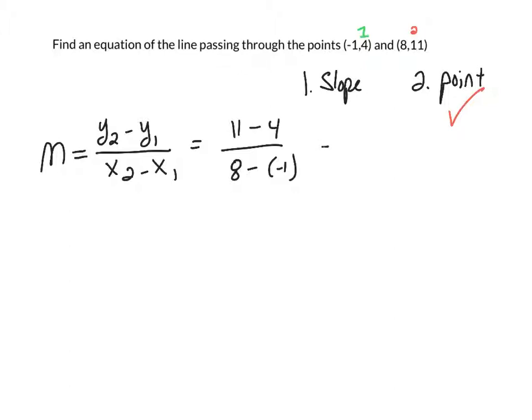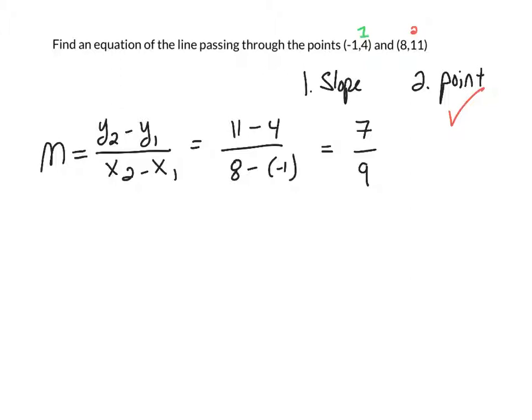And 11 minus 4 is 7. 8 take away negative 1 is the same thing as adding 1, so I get 7 over 9. So when I have a fraction like this, 7/9 is my slope. If I was going to try to use the slope-intercept form, I'd run into some really messy algebra. So this in particular is a nice case where using the point-slope form is going to be an advantage to me.